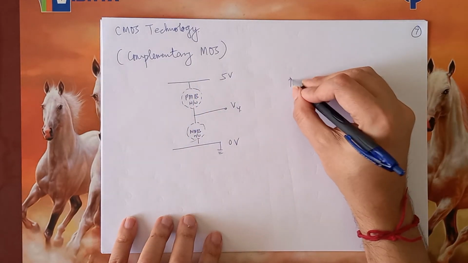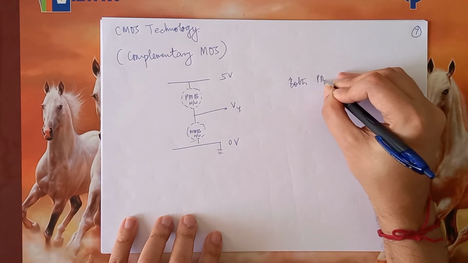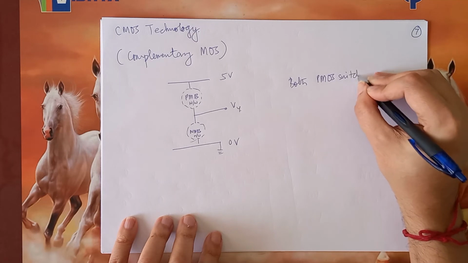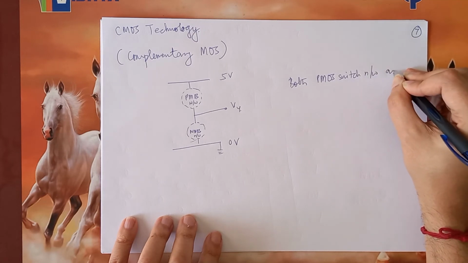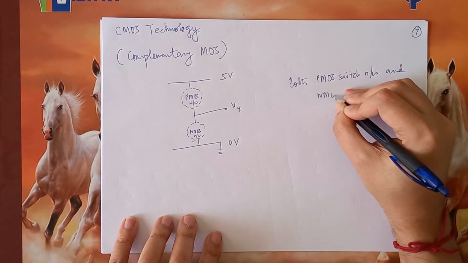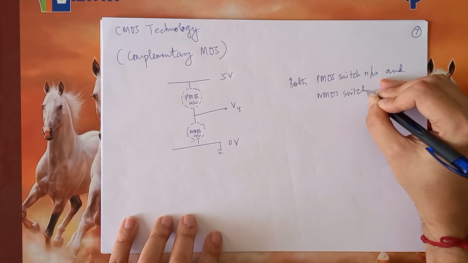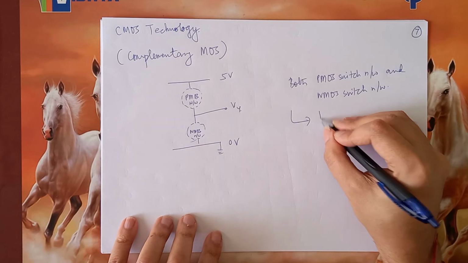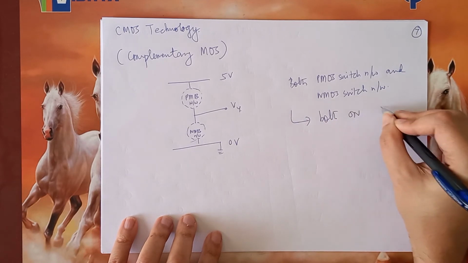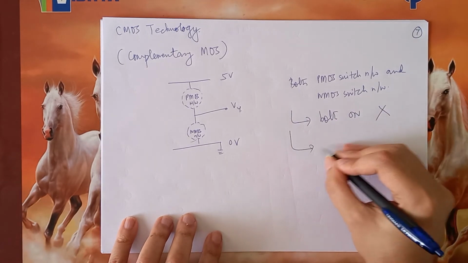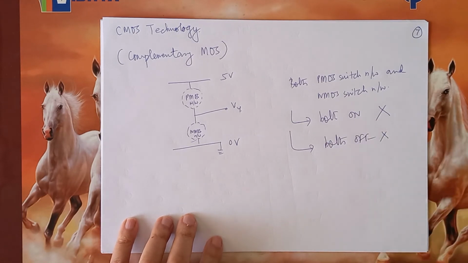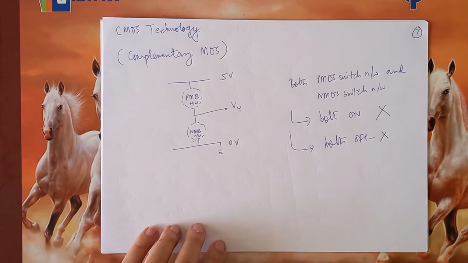So therefore, with the PMOS switch network and NMOS switch network, both on is not possible, or both off is not possible, because both of these are critical cases.